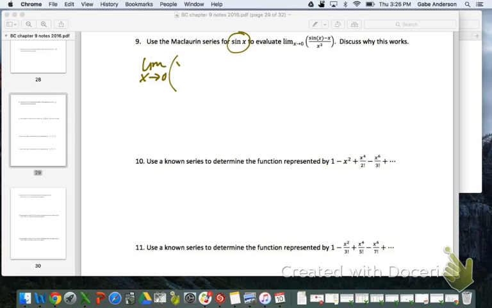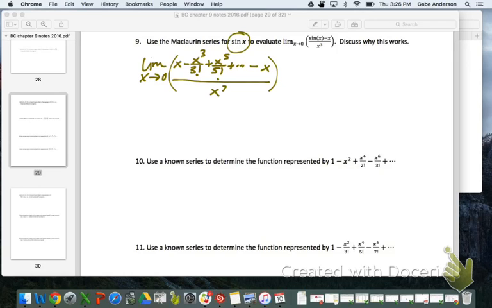So that would be x minus x cubed over 3 factorial plus x to the 5th over 5 factorial plus, I'll just put dot dot dot, and I think you'll kind of see where this is going here in a minute. And then we have minus x over x to the 3rd.